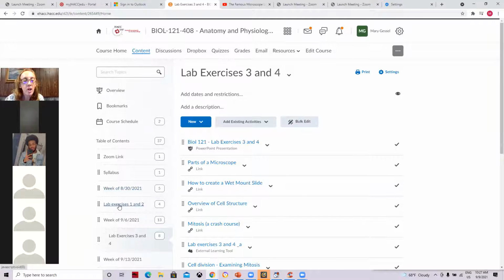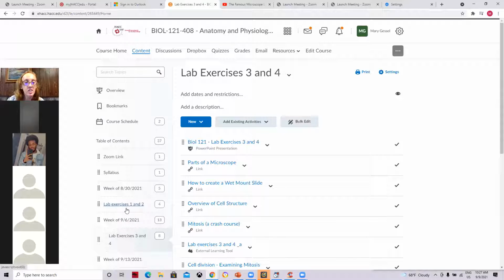I put the lab exercises 1 and 2 in a separate module. I made kind of an error last night and thought maybe I'll fix it later, but then I thought it actually makes more sense to leave it the way I've done it.